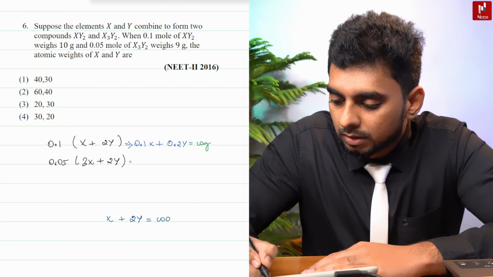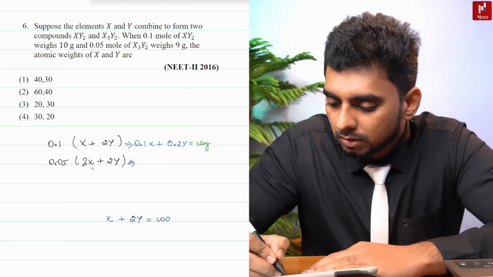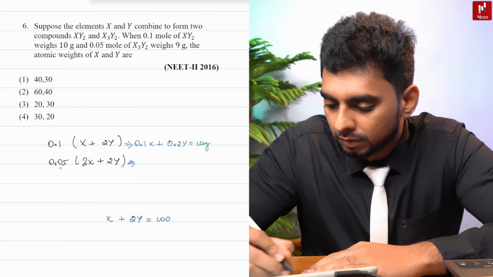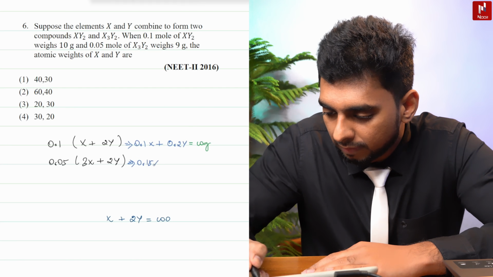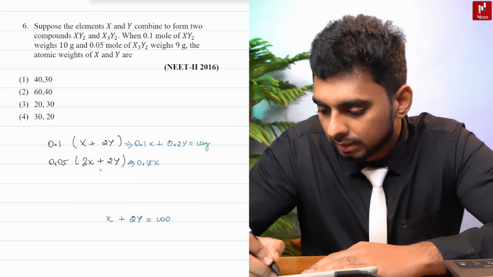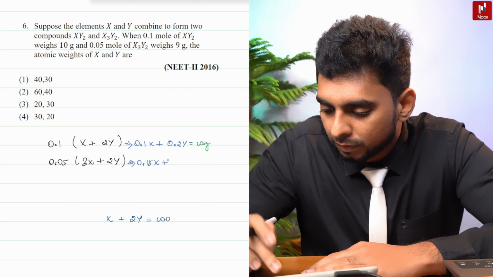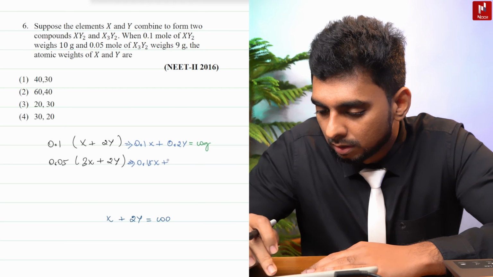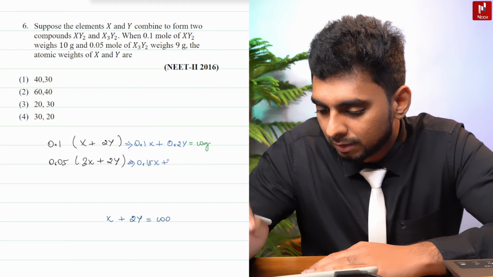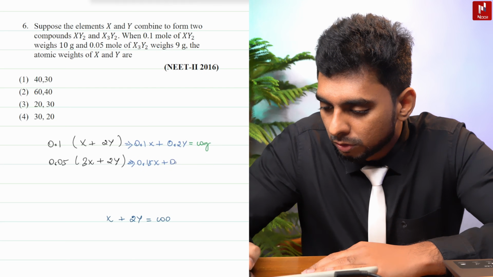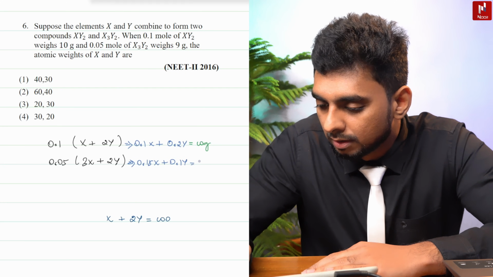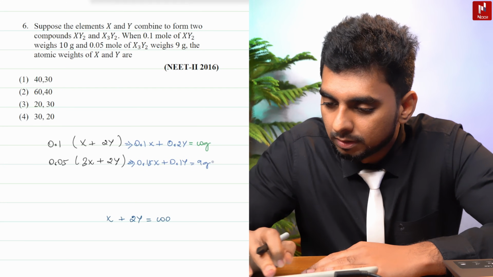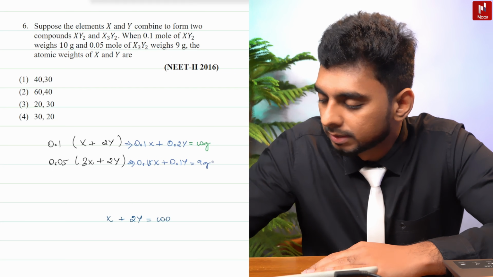If I do multiply this one, for the first, you will have 0.15X. Same way, for the next one, you will have 0.1Y. That should give you 9 grams, isn't it?